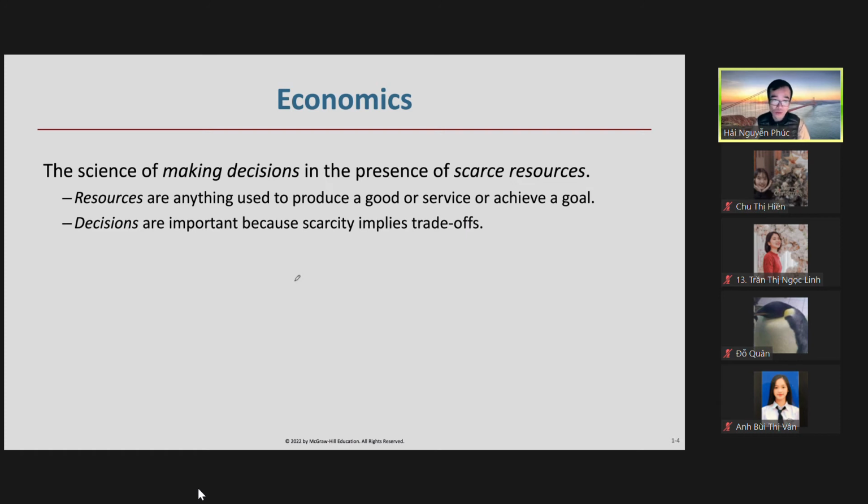So the very important point to keep in mind is that all the resources available to us are limited. For example, we have constraints in financial resources. We have limited time. For example, we have only 24 hours a day.